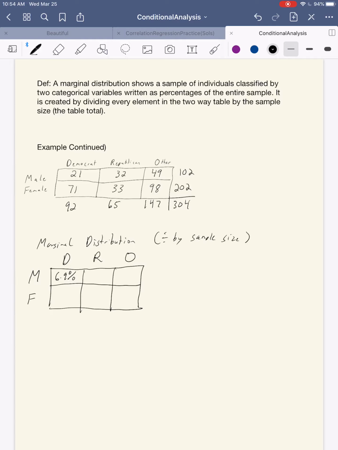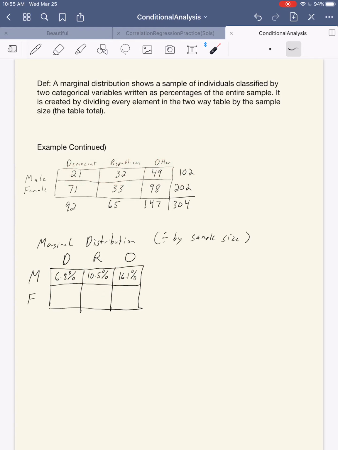All right, next one would be 32 divided by 304. So we should get 10.5%. And then 49 divided by 304, and we get 16.1%. Now, we could do 102 divided by 304 to get this value right here. Or we could just add these percentages, just like we added these frequencies.